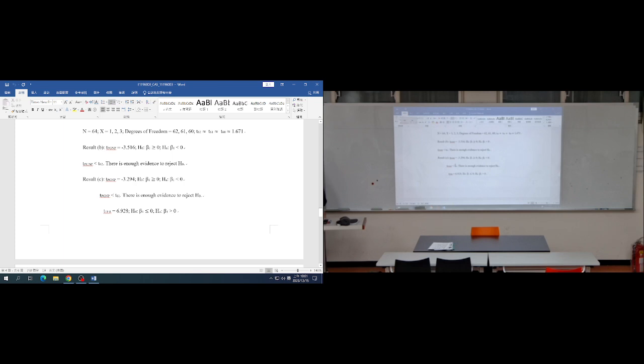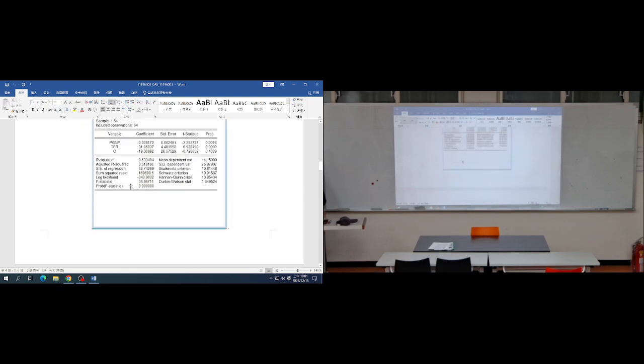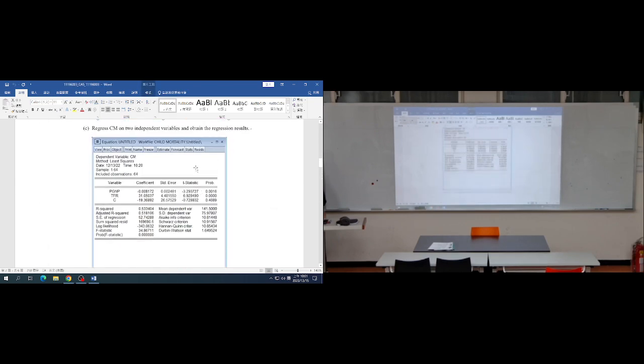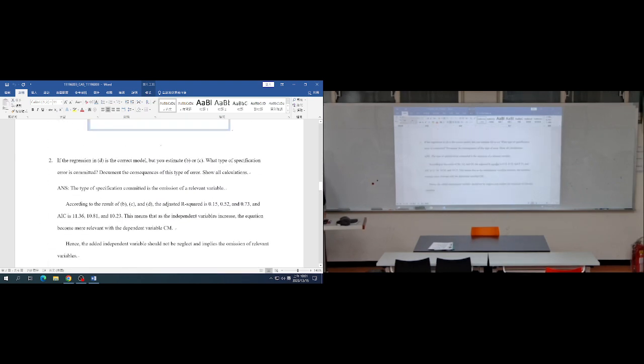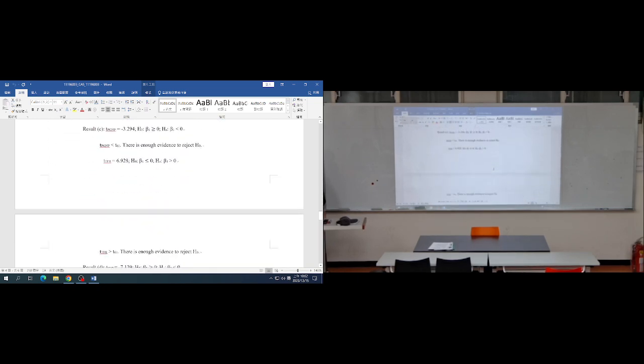And the result is here. For C, T is here, and this is for D. So it's the same for result C. There is enough evidence to reject H0, which we expected beta 1 to be less than 0.